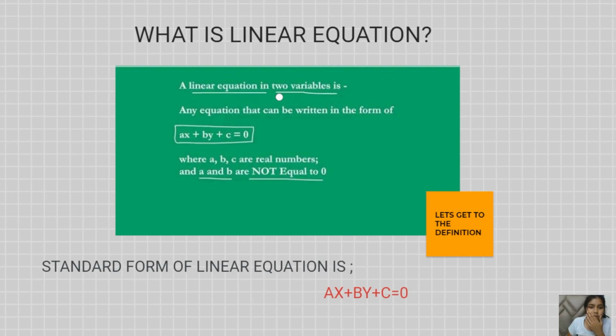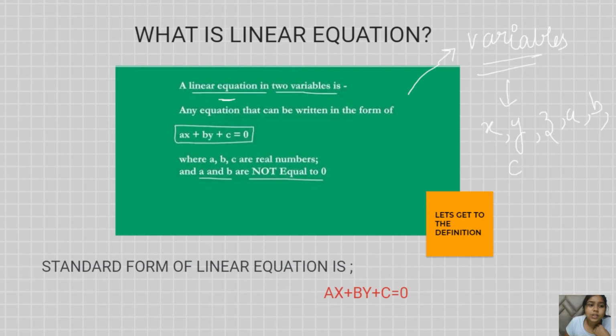Basically, linear equation in two variables means, as I already taught you in my polynomial class, what are variables. I told you about variables: x, y, z, a, b, c, any of them can be a variable, right?